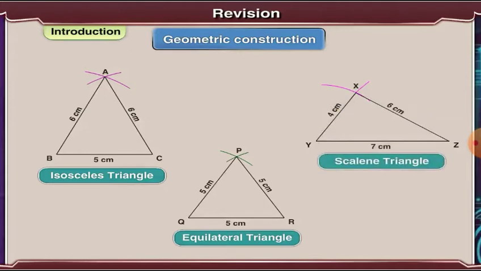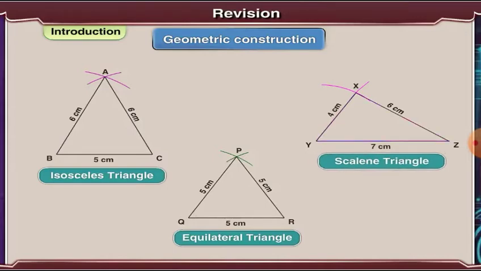A triangle in which two sides are equal is called an isosceles triangle. A triangle in which three sides are equal is called an equilateral triangle. And a triangle in which all three sides are unequal is called a scalene triangle.